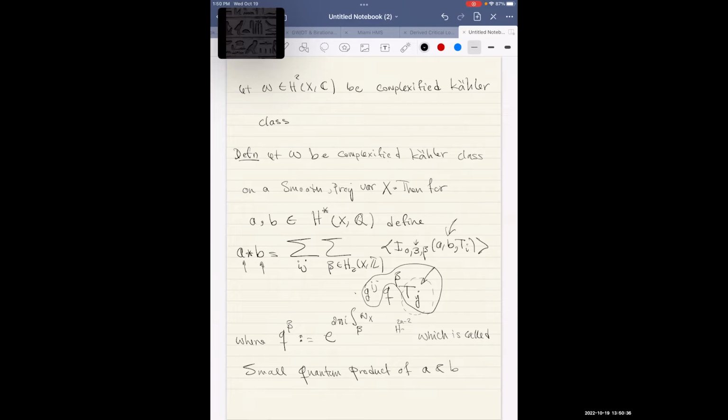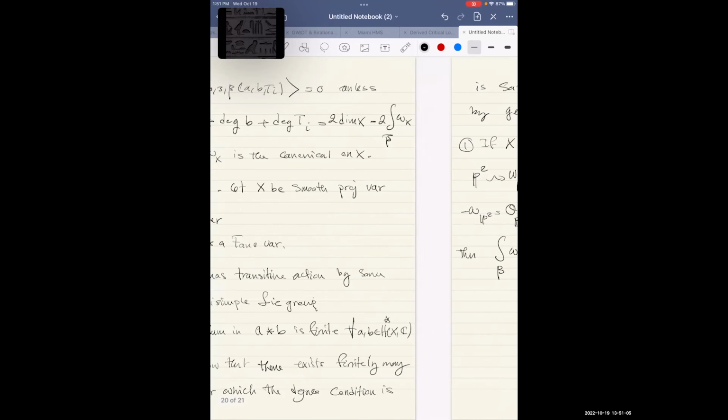If it is Fano, this quantity here starts from being maybe constant, but the more and more beta you put there, this intersection product is negative. So as you can see, this exponential function decays and approaches zero very quickly. And so basically only finitely many terms can survive this intersection. So for Fanos, it's kind of clear.